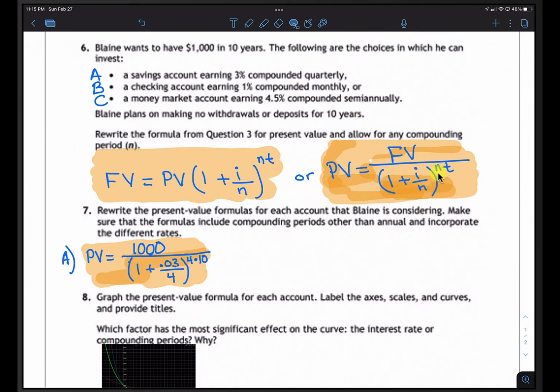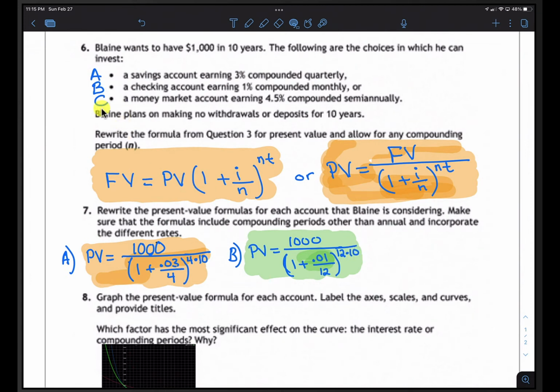So n would be 12 here, the same n is 12 here, and then t is also 10. So here we have account B. Present value is 1,000 divided by (1 plus 0.01 divided by 12) raised to the power of 12 times 10.